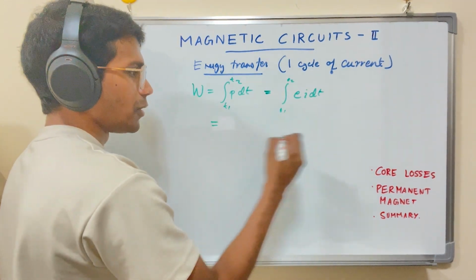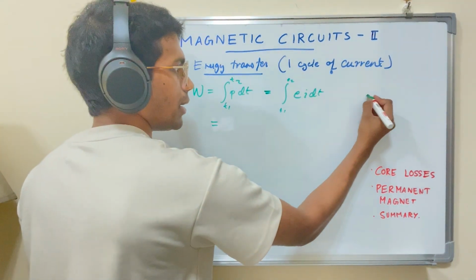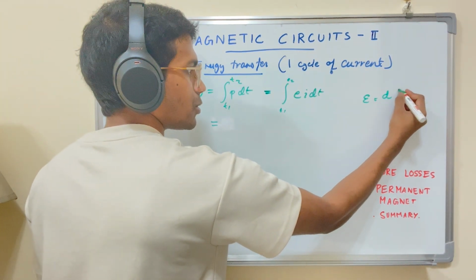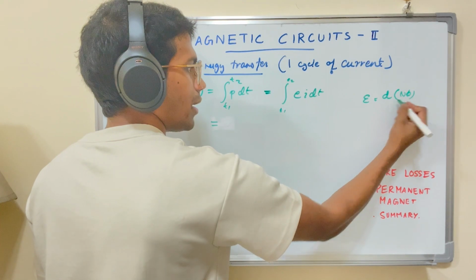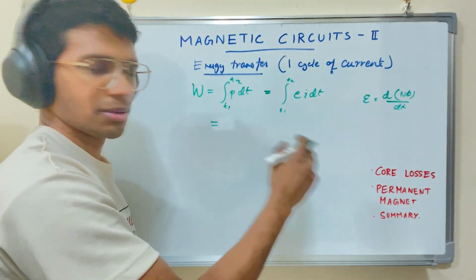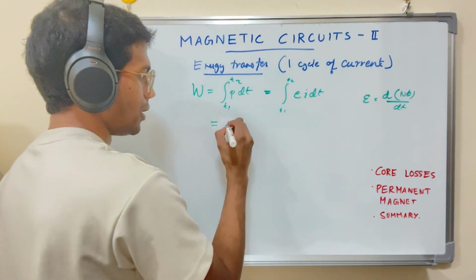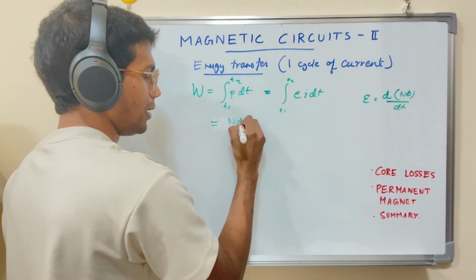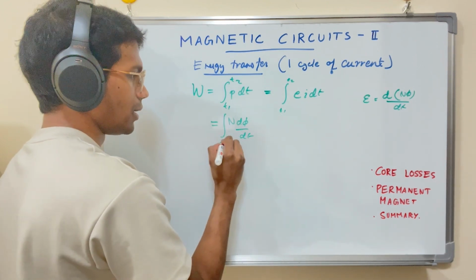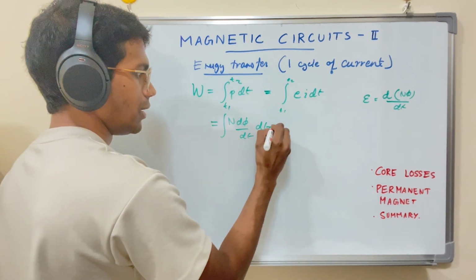And from Faraday's law, we know that the induced EMF in magnetism is mostly N d phi over dt. It's actually negative, but I'm just going to omit the signs and just go with the magnitude. So we have N d phi over dt, because N is a constant, don't forget the integral, and we have dt.